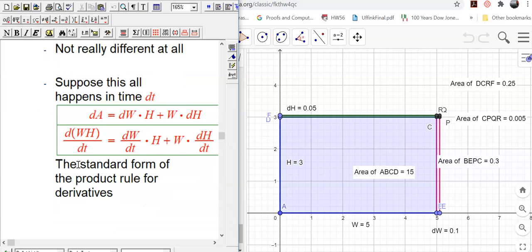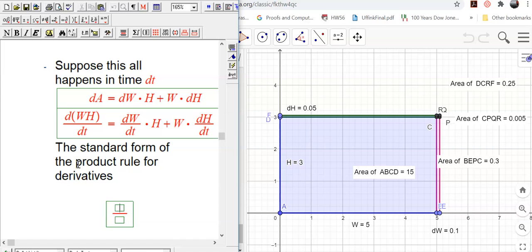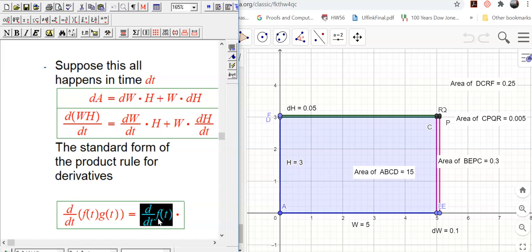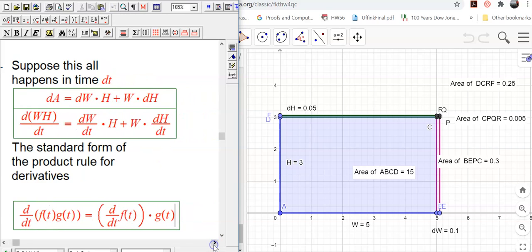So you'll often see, of course, with the letters f and g, that d by dt of the product of two functions, whatever their formulas are, doesn't really matter, is going to be d by dt of f of t, the derivative of the first, times the second, left alone, plus the first left alone, times the derivative of the second.